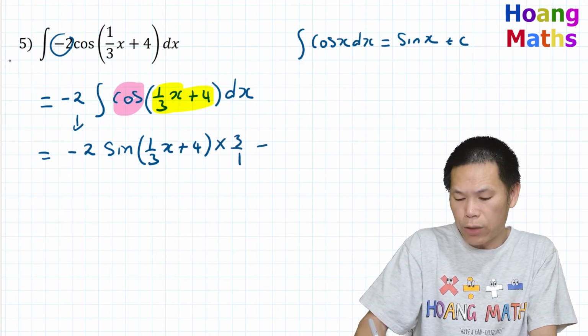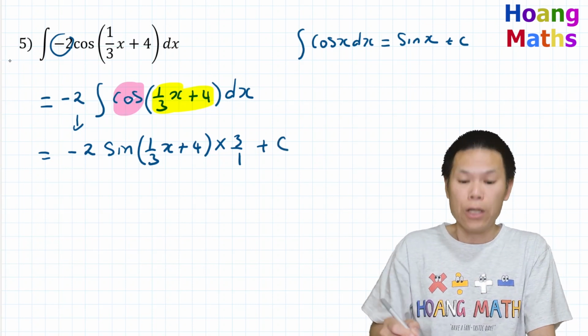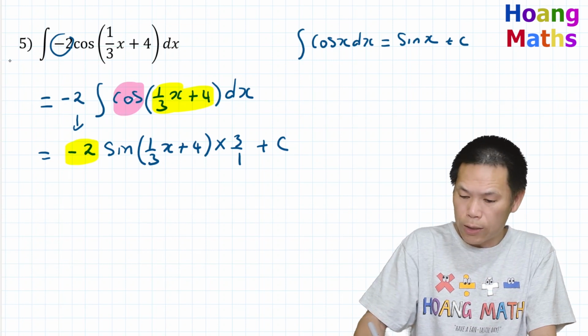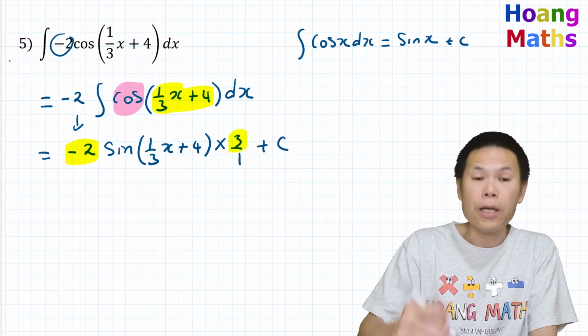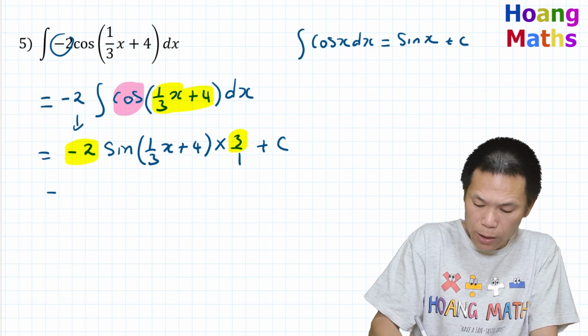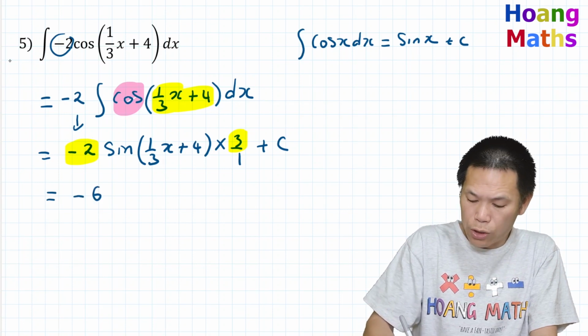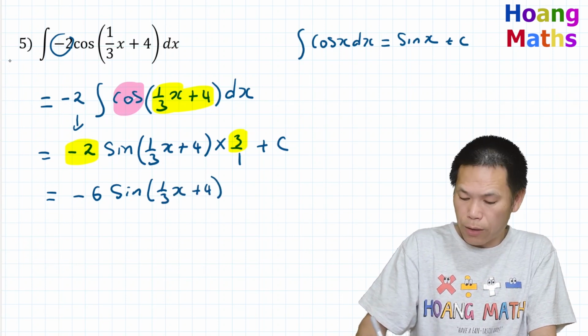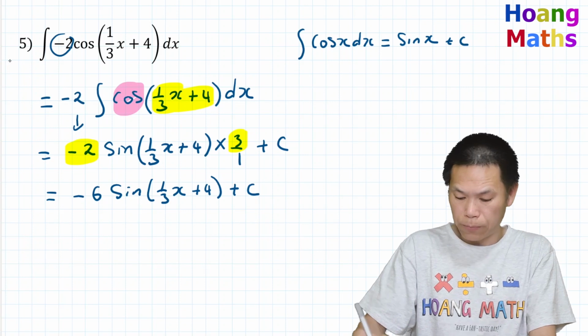And don't forget, we need to add a constant. So now I just simplify this. Negative 2 times 3 gives me negative 6. So that is equal to negative 6 sine of 1/3 of x plus 4. And don't forget, we need to add a constant.